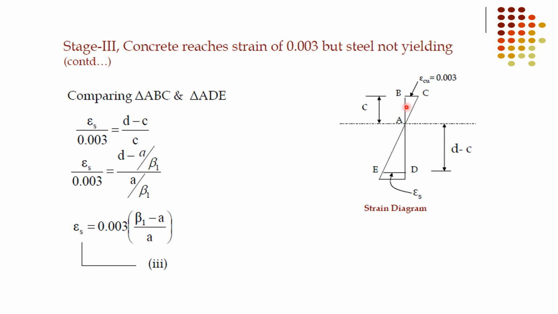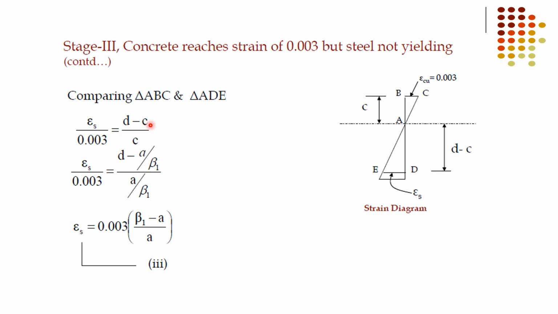Here is a similar triangle, comparing ABC and ADE. Here is 0, here is strain εs. You can compare base over base: strain εs over 0.003 equals (d minus c) over c.